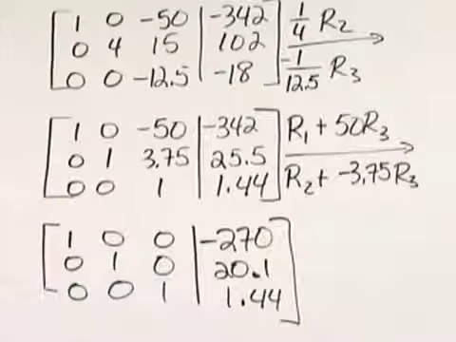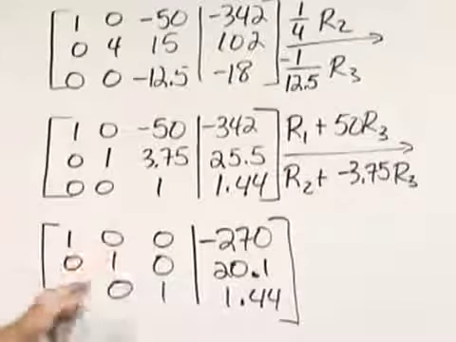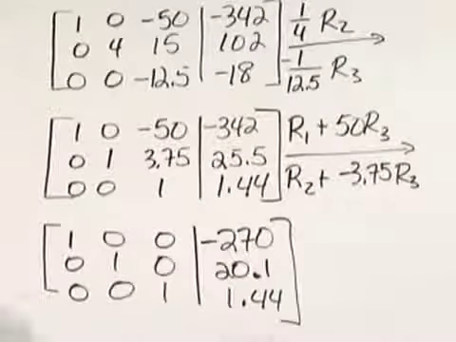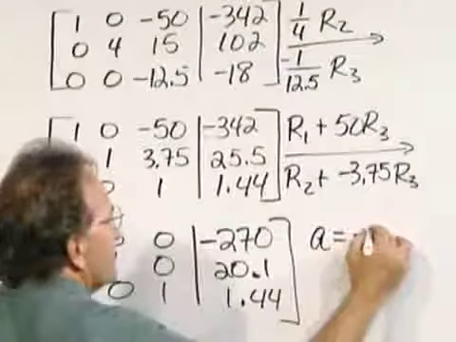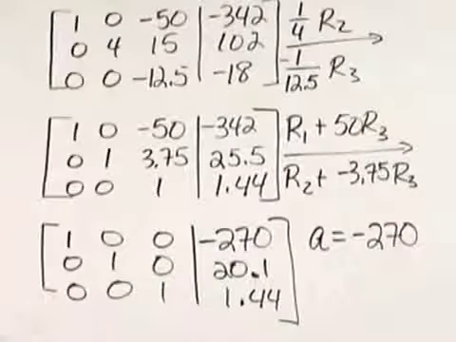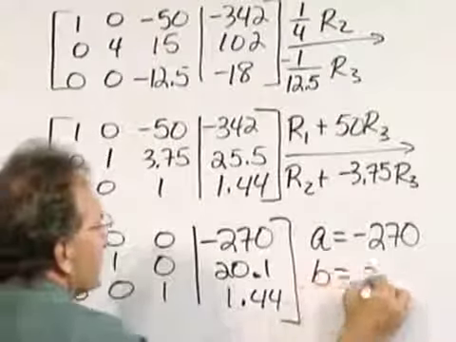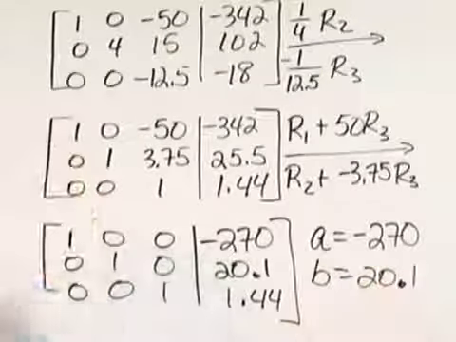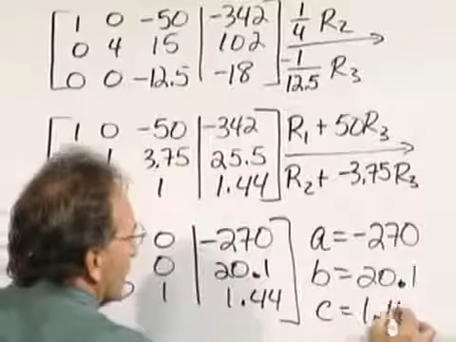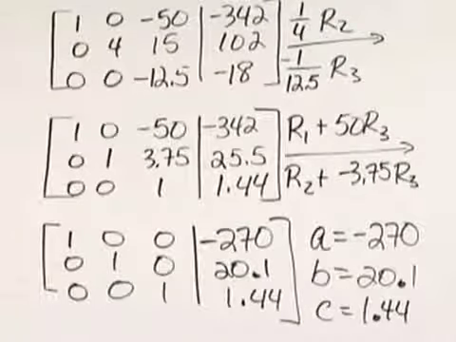Well, you can see now that we have 1s along the diagonal, 0 in all other positions of the matrix, and so what we now can say is that A is equal to negative 270. We can say that B is equal to 20 and 1/10, and that C is equal to 1.44.